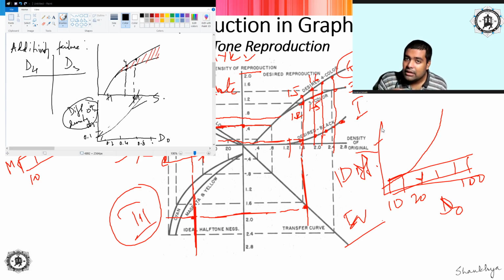But here you only need a graph paper. With a graph paper and a few printed sheets and a densitometer, you can very accurately reproduce negatives as well as plates, which are guaranteed to have dot percentages that will reproduce those densities that you were expecting.